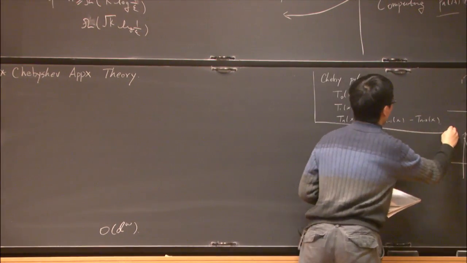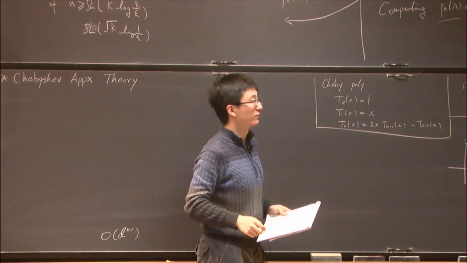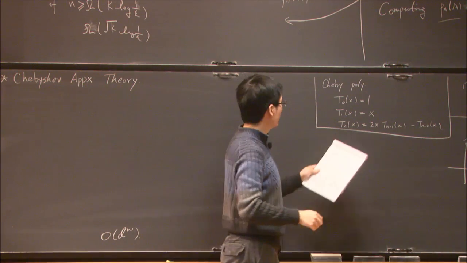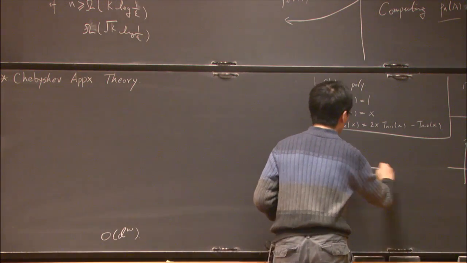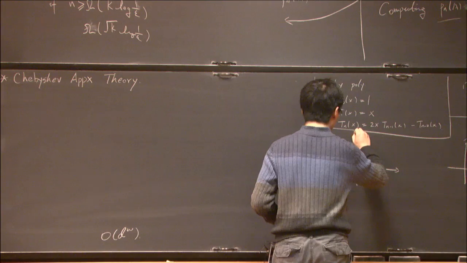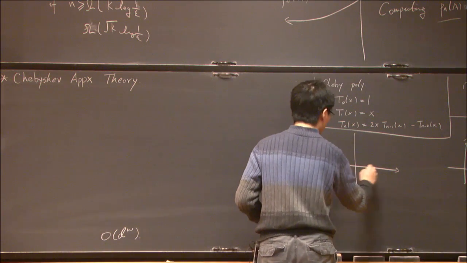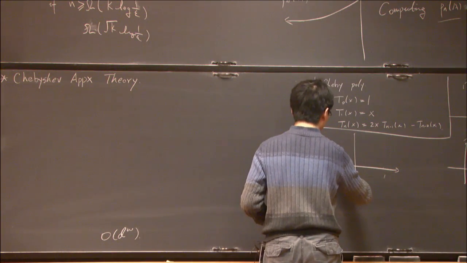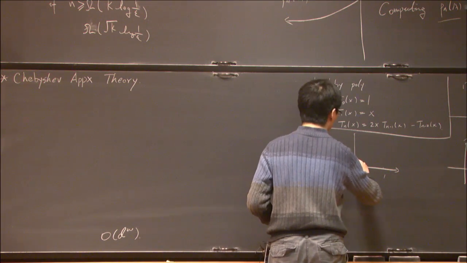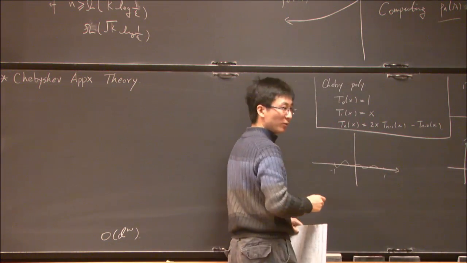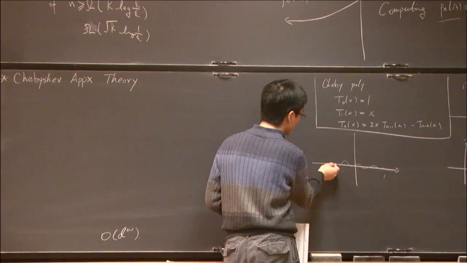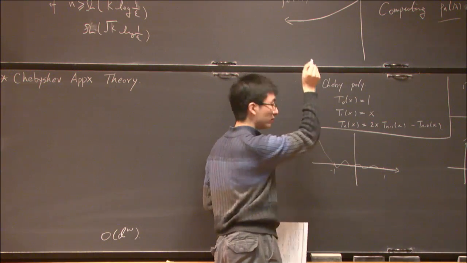So this is known as the Chebyshev polynomial of the first kind. And this polynomial, if you plot it, looks like the following. Between minus 1 and 1, it's going to oscillate, either an even or odd function, I forgot. But outside of, say, minus 1, it's going to grow exponentially large.